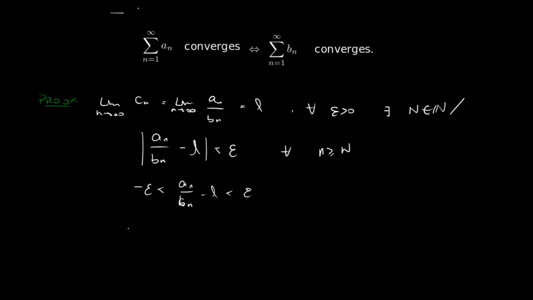Adding L on both sides, we have L minus epsilon smaller than a sub n divided by b sub n smaller than L plus epsilon.